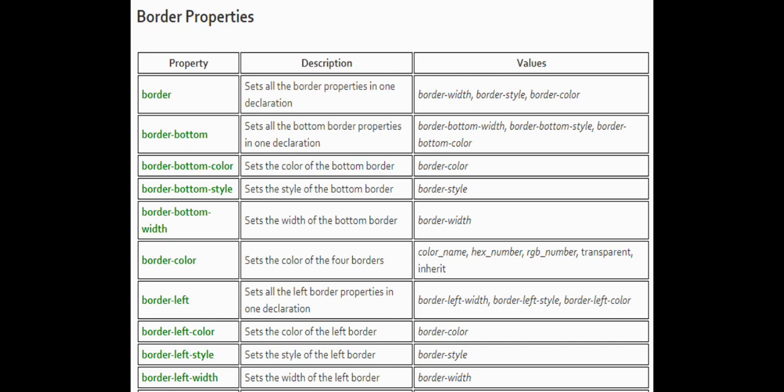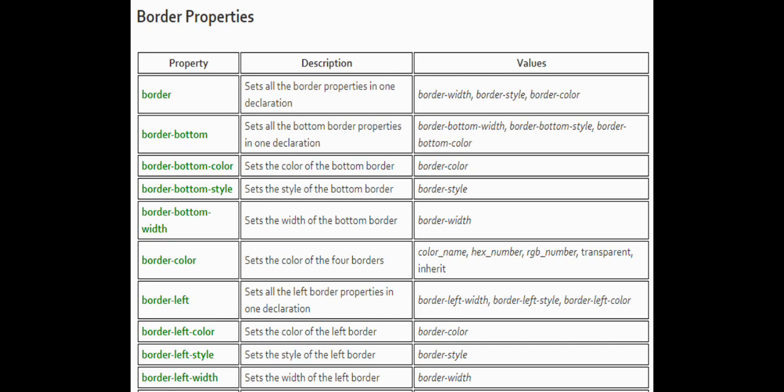Next, border color sets the color of the four borders. For example, we can give values like color name, hexadecimal numbers, RGB numbers and transparent or inherit. Border left sets the left border properties in one declaration. Values can be border left width, border left style or border left color. Border left color sets the color of the left border, so it's a border color.